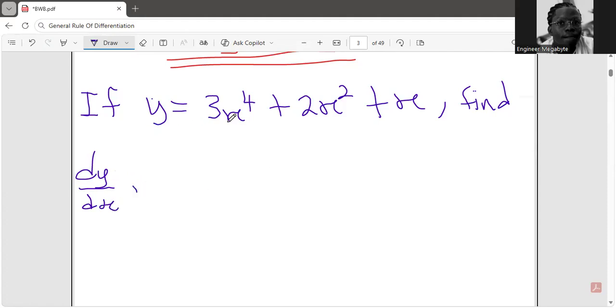So this question is saying that if y is equal to 3x exponent 4 plus 2x squared plus x, we should find dy/dx.